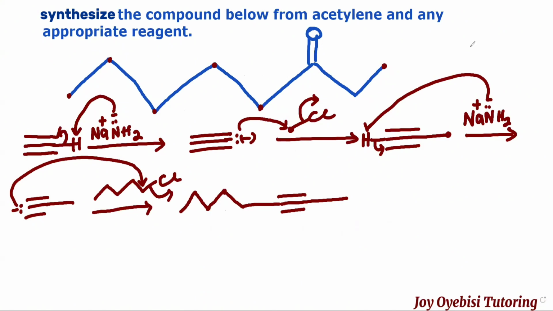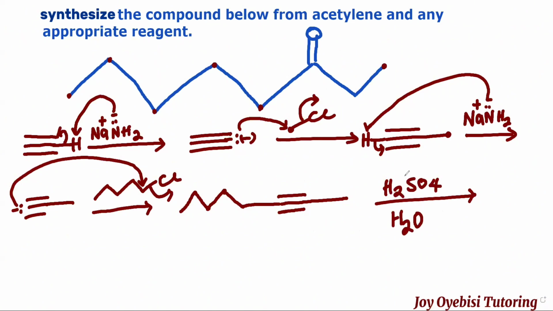The next step is to work on this reactive site, the triple bond, because there is no triple bond in the final product. So we're going to work on that triple bond. And this is what we're going to do. We're going to use H2SO4 in H2O for this.